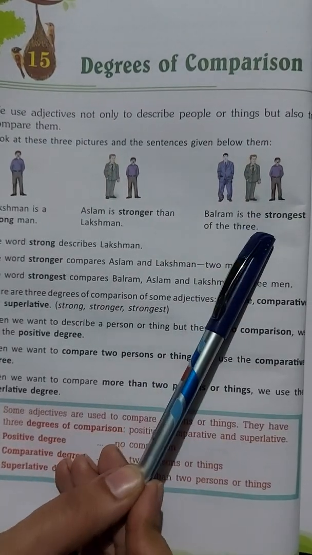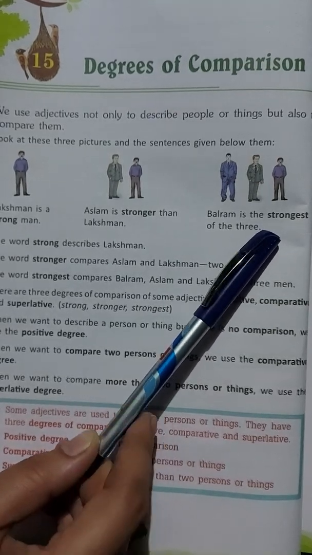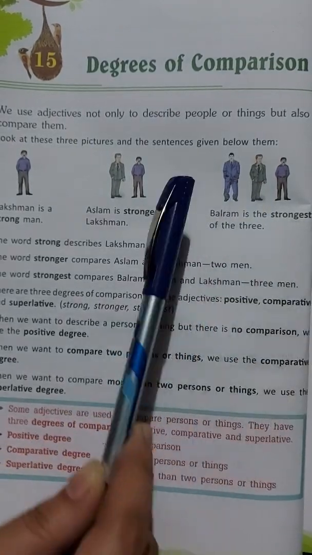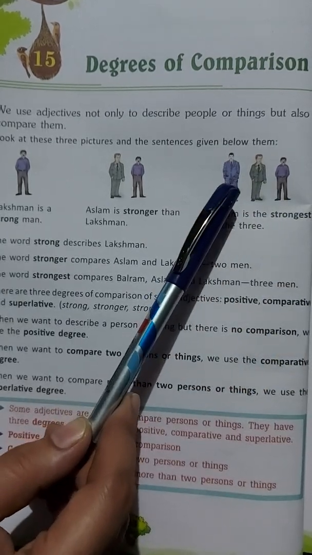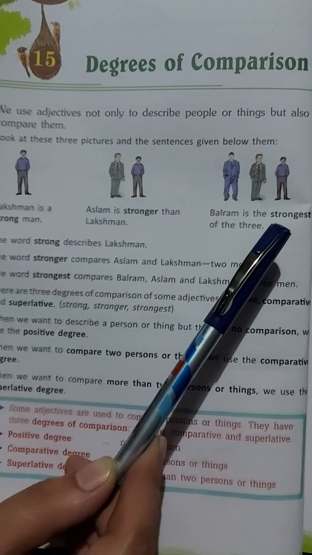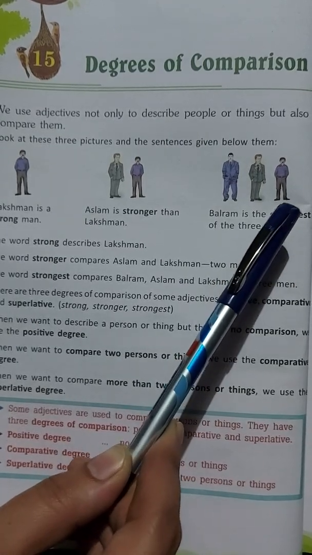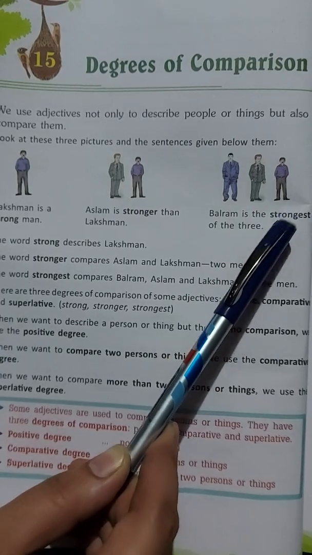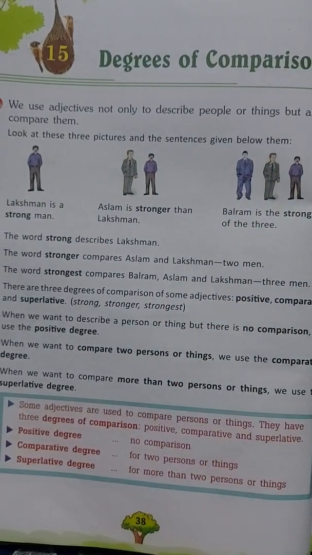Now here, strongest is the superlative degree used for comparing more than two persons or things. Like here you have already seen that there were three men here. So we have used the word strongest, which is the superlative degree. And superlative degree is used for comparing more than two.